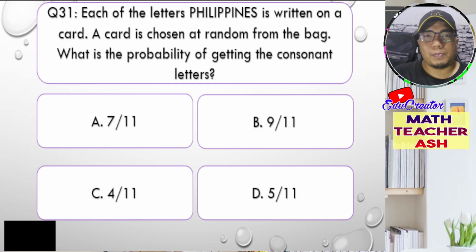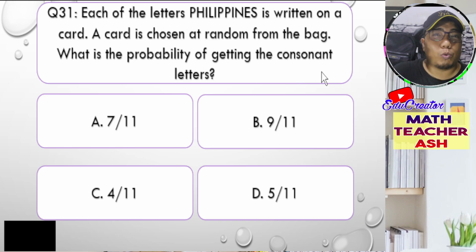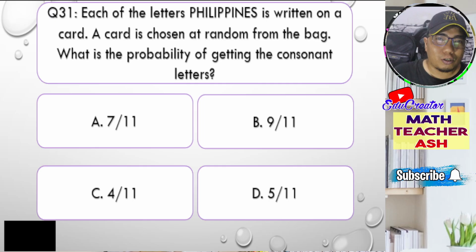Of course, my dear math learners, in this question, as you can see, the choices have the same denominator, meaning that the number of letters in the word Philippines is 11. But our focus here is to find the consonants. What do you mean by consonant? Consonants are the opposite of the vowels.